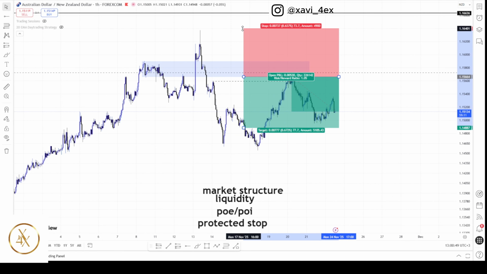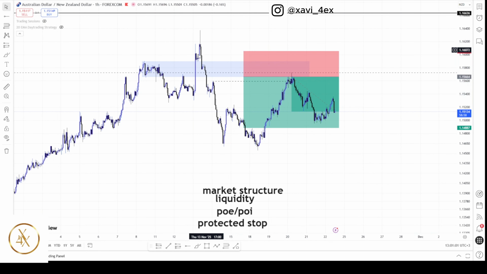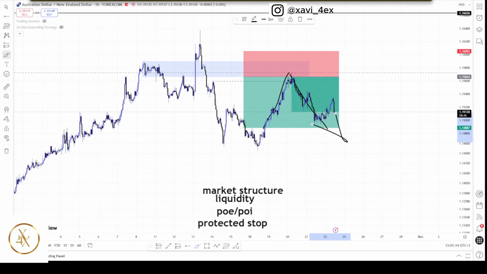But since I know that the market usually tends to reverse around the point of interest, I didn't have to put it so wide. I just put it above this candle that has a gap, and you can see clearly price just came and shorted. So I'm still in this trade actually.